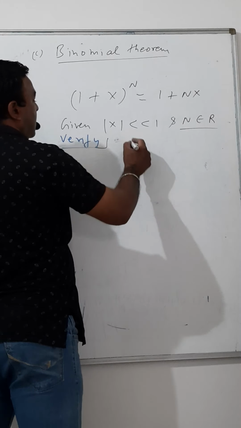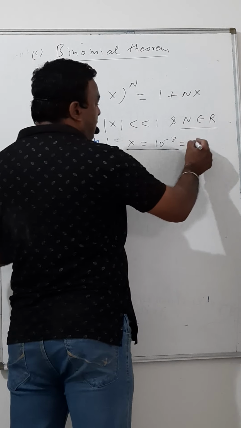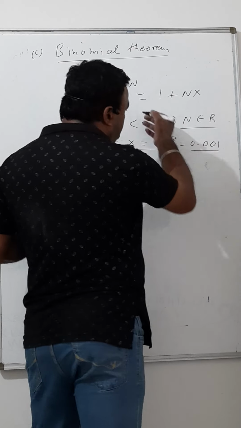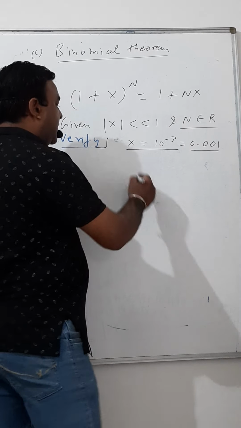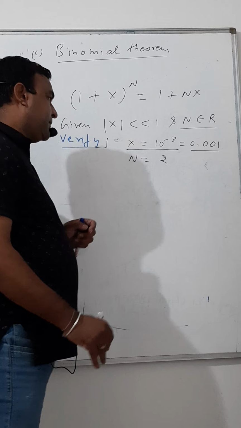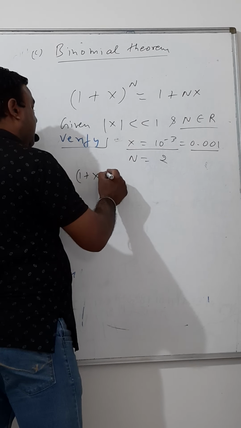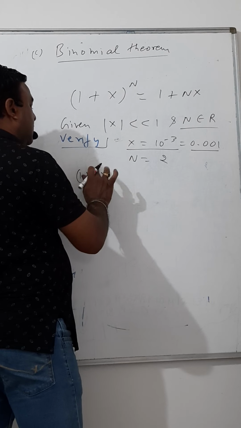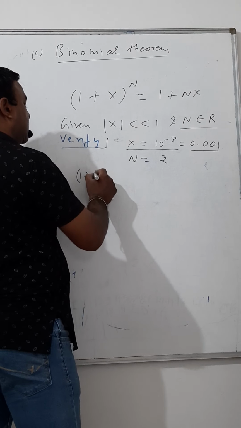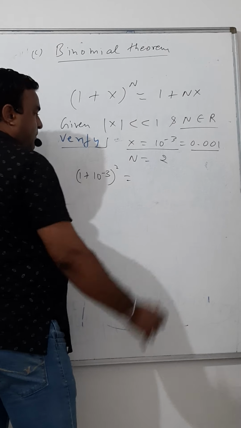I take x equal to 10 raised to power minus 3, which is of course 0.001, far less than 1. And I take n equal to 2 first.